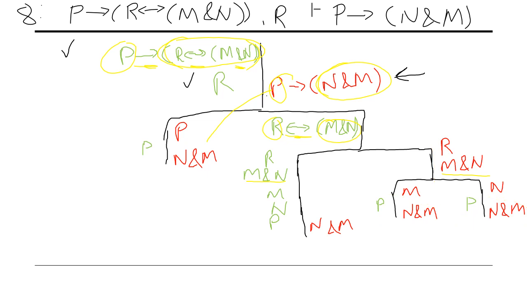Now, we just need to break down our N and M's that are on all of these right sides. What makes an ampersand false is where one of them is false. So this is going to look the exact same for all of them.